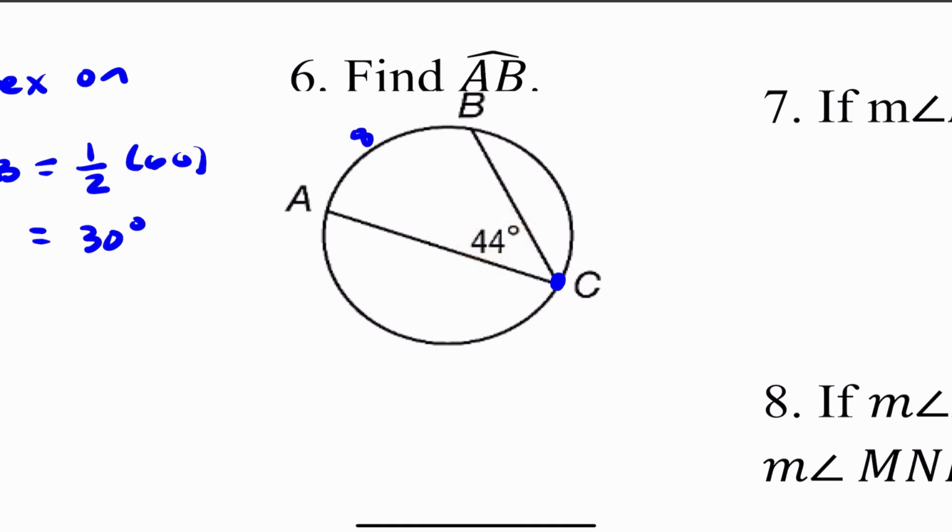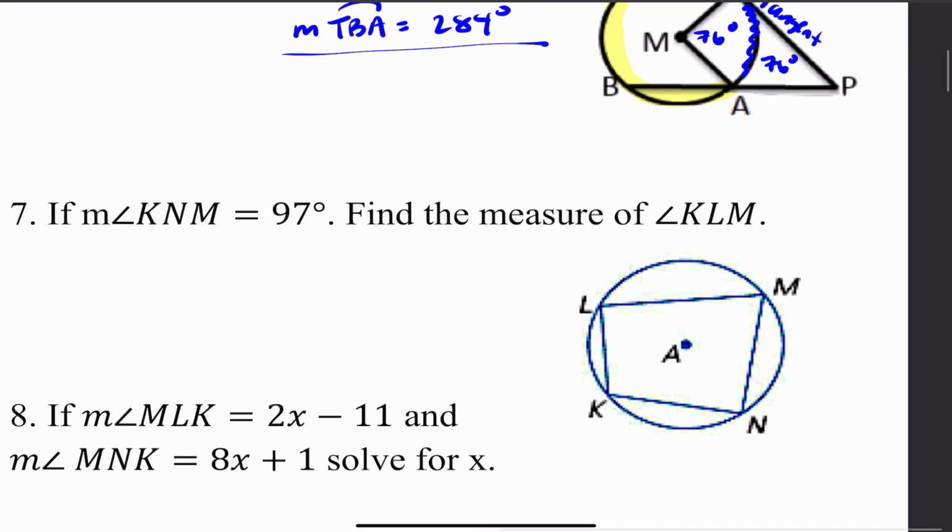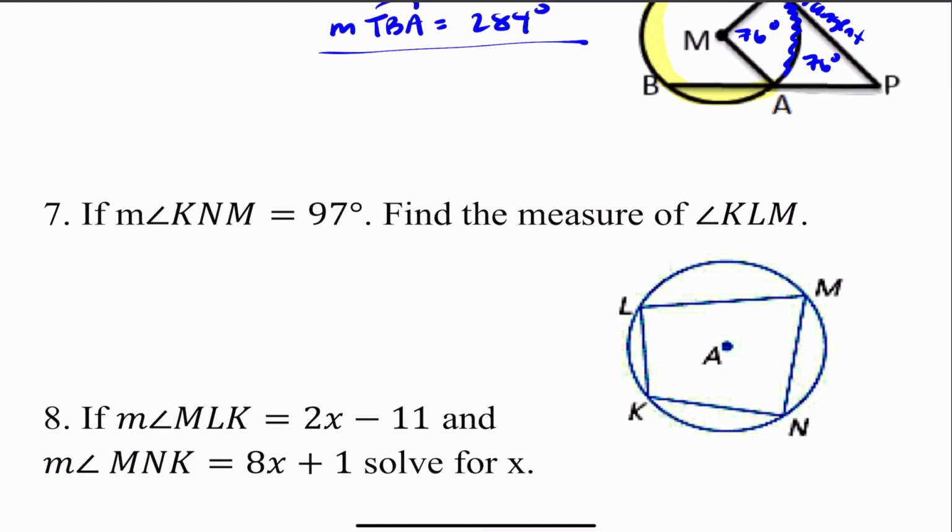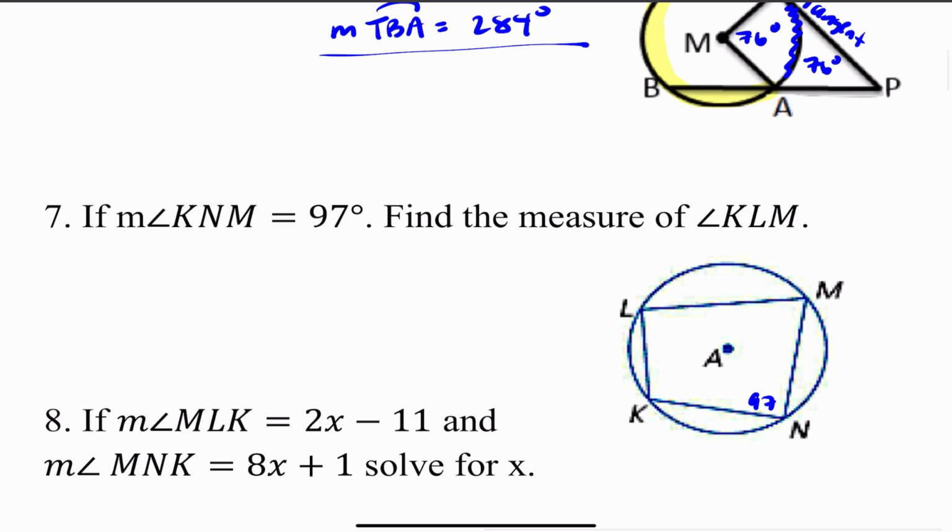So the answer here is 88 degrees. Number 7, if the measure angle KNM is 97 degrees, then find the measure of angle KLM.